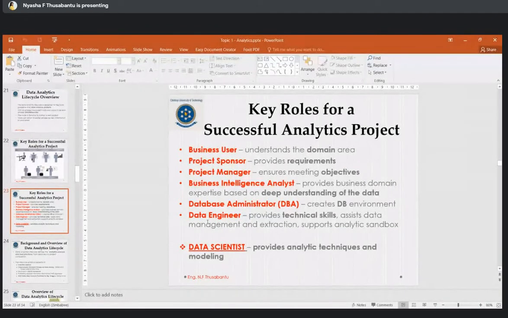Then the database administrator is the one who creates the database environment. So the database administrator creates a database and documents the schema of the database. Database tables also. It has stored procedures. It has triggers. It has views.